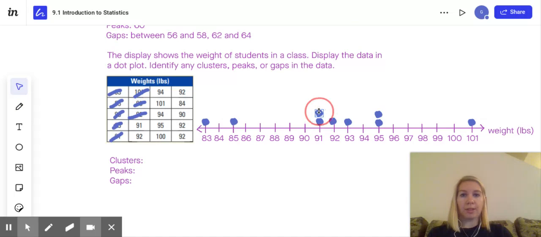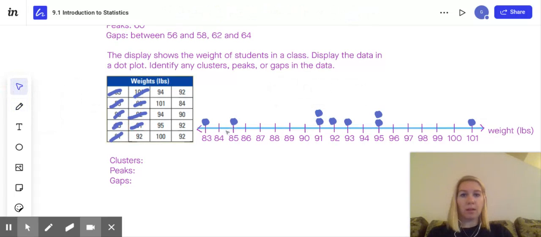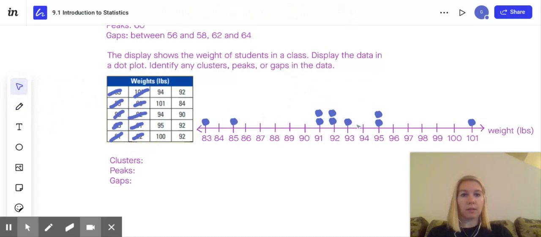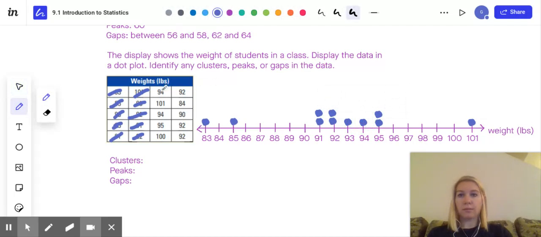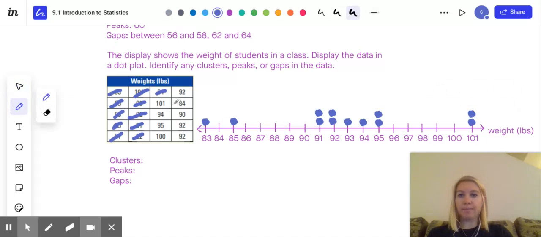I'm seeing a couple peaks starting to form here at 91 and 95. We'll have to see if those stay a peak. 92. Oh, now another little peak. 94. 101. Seeing a few gaps in our numbers here too, so we'll see if those stay there.